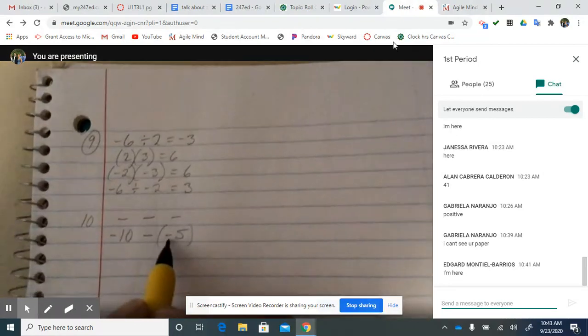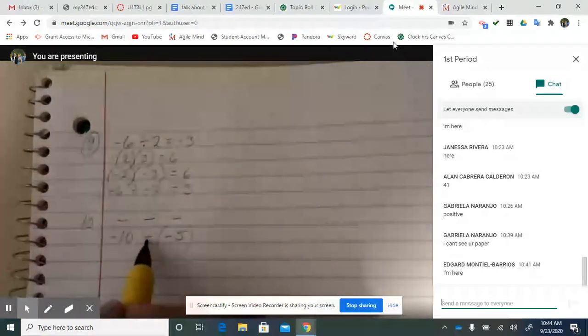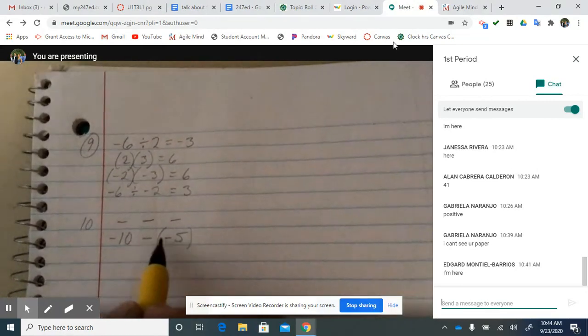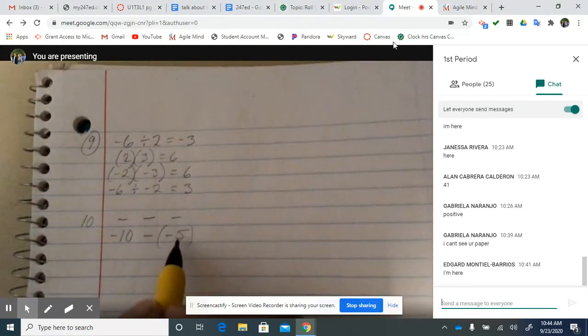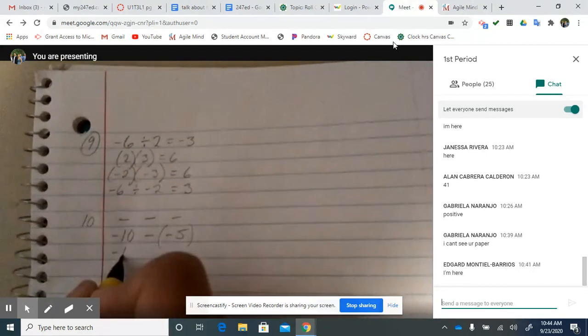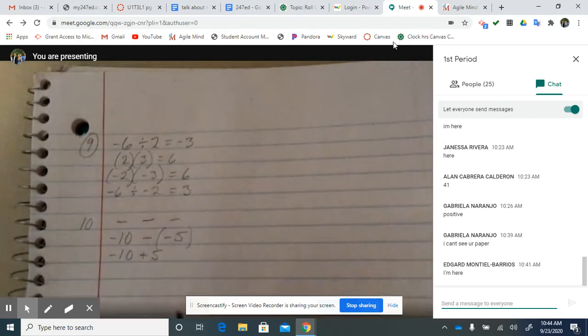So if you think of negative 5 as the opposite of 5, then think of this minus sign as opposite again. So what is the opposite of negative 5? It would be positive 5. So this becomes negative 10 plus 5.